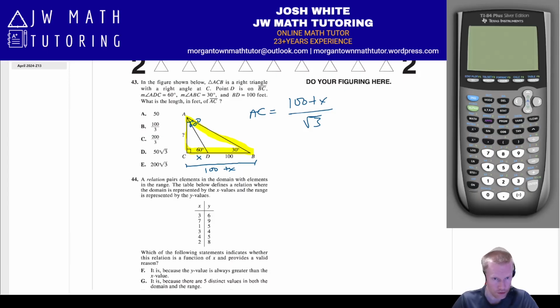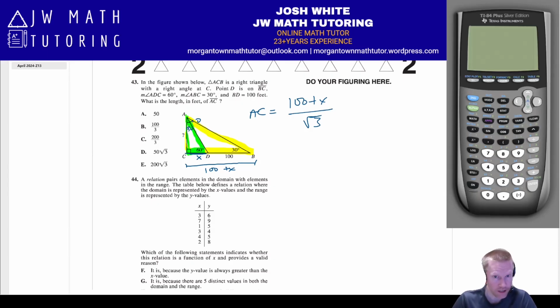Now what we do is we go to the small triangle just on the left, ADC. Let me switch colors here. Now just looking at this triangle right here, this is 30, this is obviously given as 60. The CD, which I labeled x, is across from the short leg, which is 30.